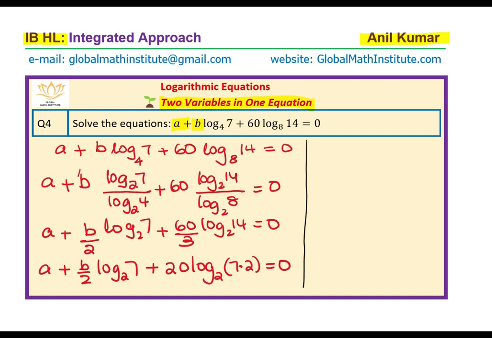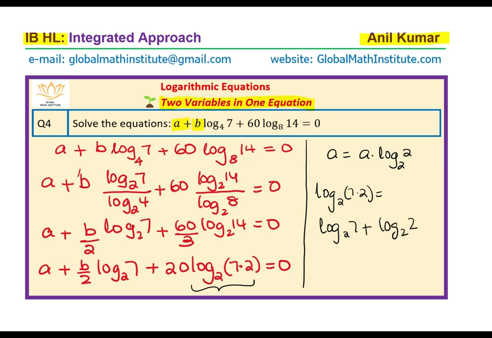So I'm writing a equals a times log to the base 2 of 2, since that is 1. And secondly, I'll split log to the base 2 of 7 times 2 as log to the base 2 of 7 plus log to the base 2 of 2. Then we are able to factor them. That is a strategy which we are going to do on a fresh page.